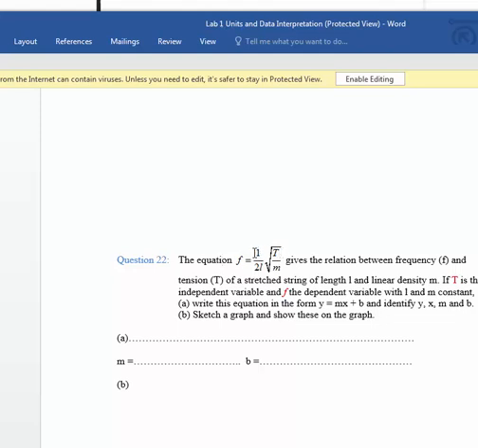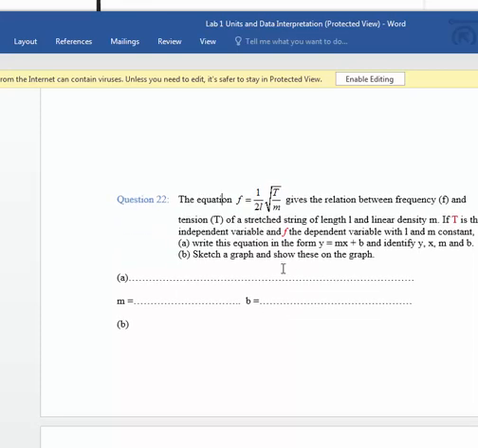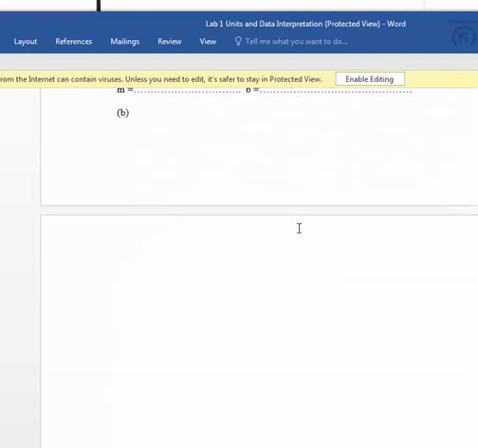It will be 1 over 4l squared m, and m will stay in the denominator here. That will be the slope. And by measuring the slope of your graph, you can calculate the, say, unknown m if L is given. All right. Now, this is an important skill I want you to practice.